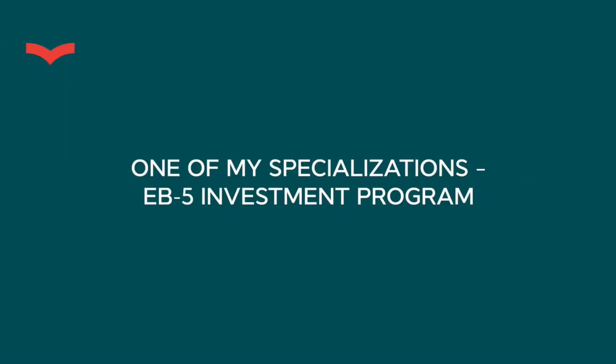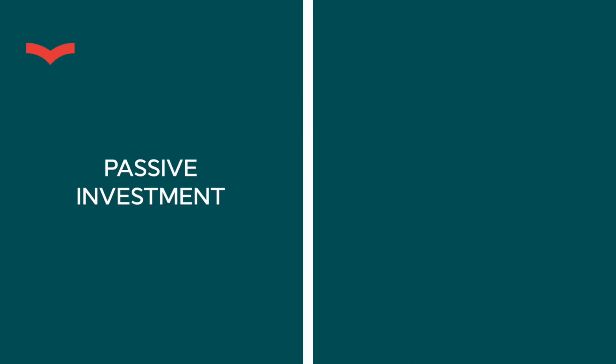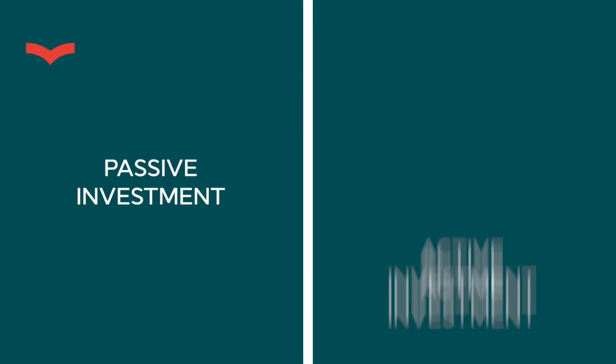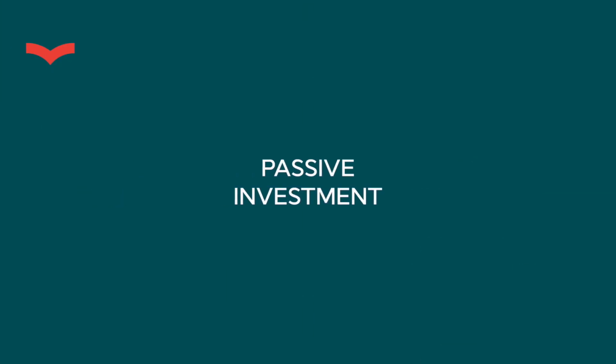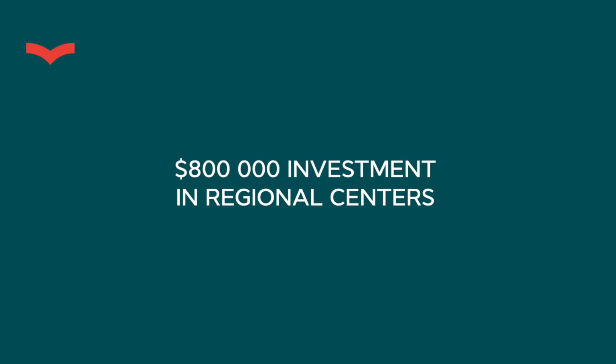Alright, if you're watching my YouTube channel, you know that one of my specializations is the EB-5 investment program. And I want to remind you that this program is divided largely into two sections: the passive investment and active investment. When we talk about passive investment, we're talking about an $800,000 investment in so-called regional centers, the licensed developers in the US, that you have to freeze for 5 to 7 years.